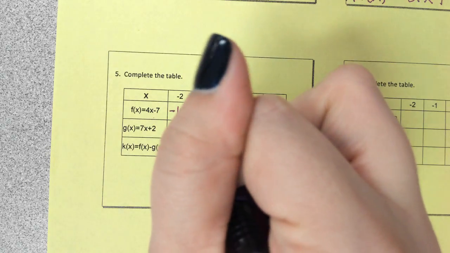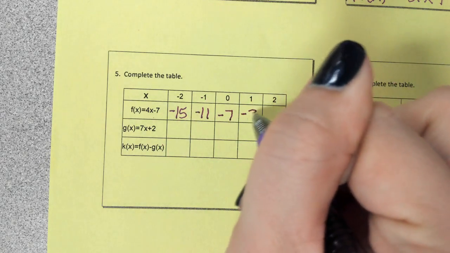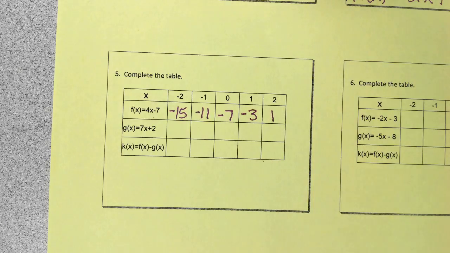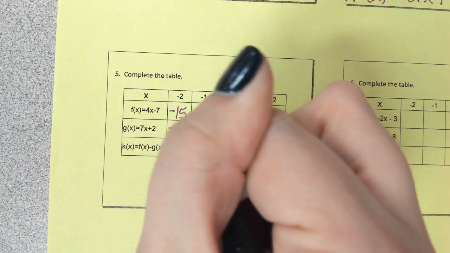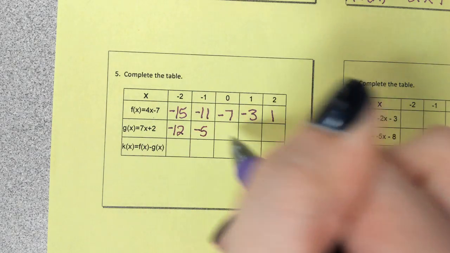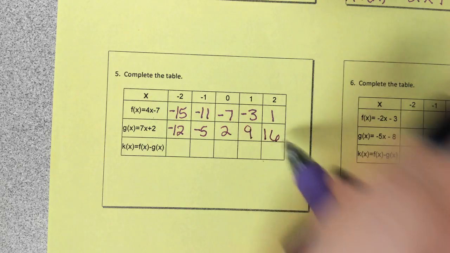Then we've got -11, -7, -3, and 1. Then you're going to do the exact same thing with 7x plus 2. So 7x plus 2, when you plug that in, you're going to have -12, -5, 2, 9, and 16.